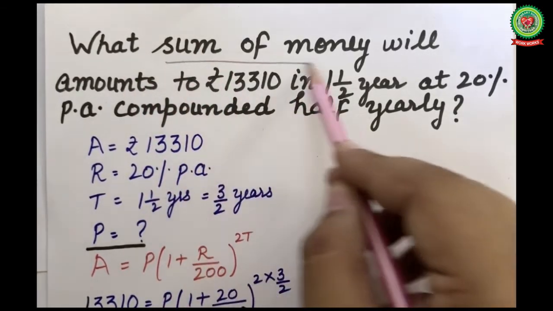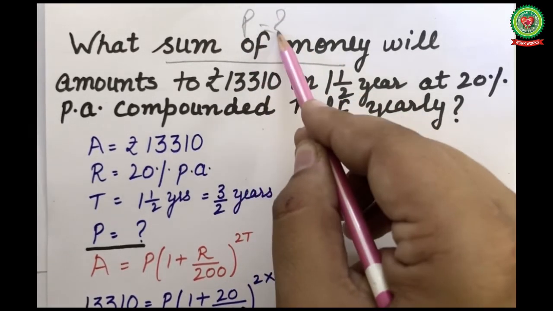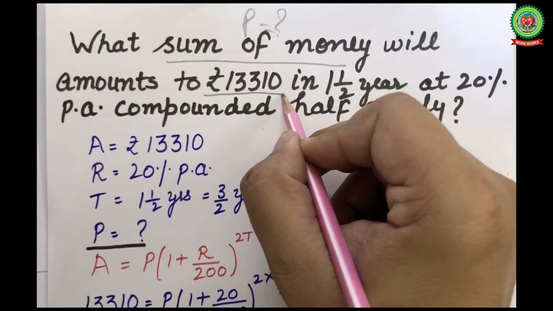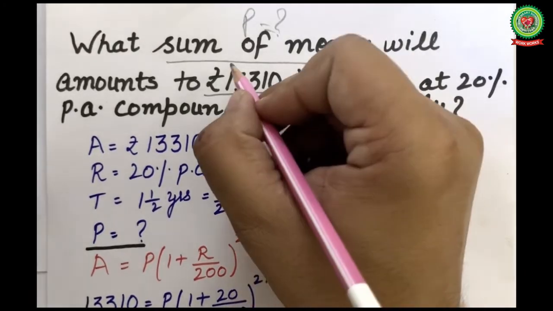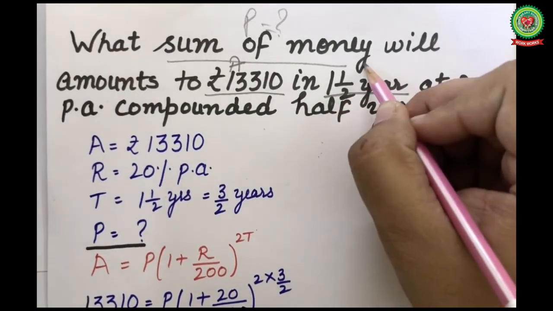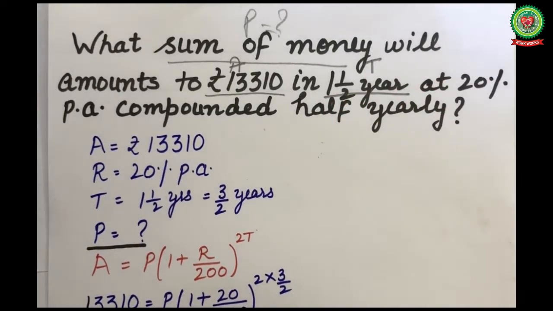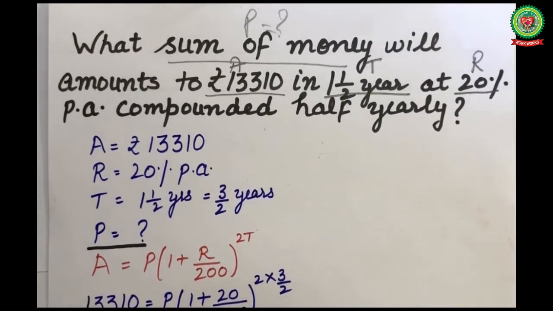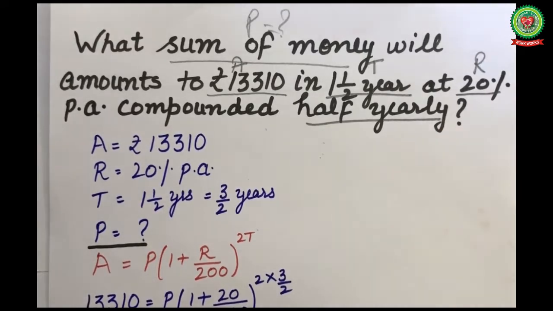What sum of money means we need to find principal. Will amount to rupees 13,310. So amounts to means this is the amount given to us. In 1.5 years, so 1.5 years is the time period. At 20% per annum, so 20% is the rate given to us. Compounded half yearly. Now this half yearly shows that we have to apply the formulas of half yearly.